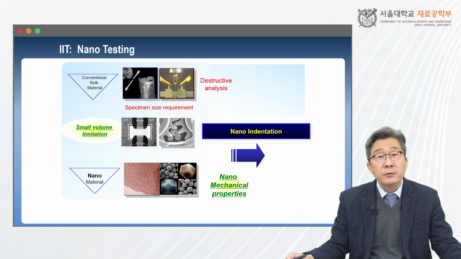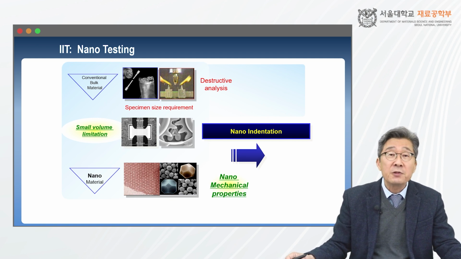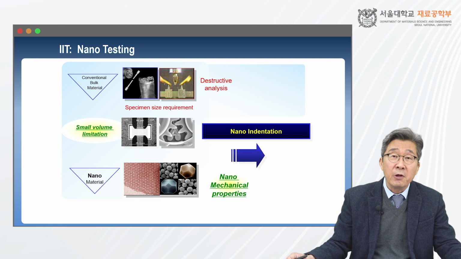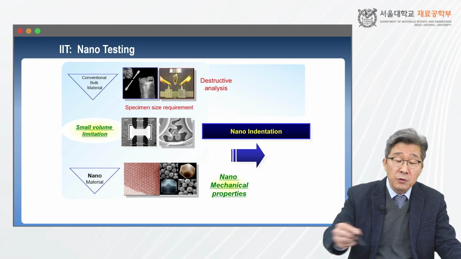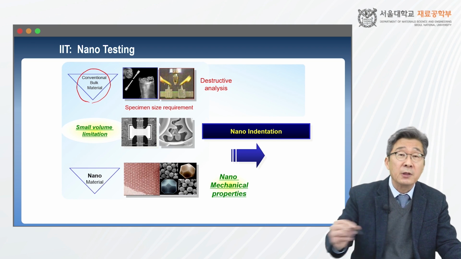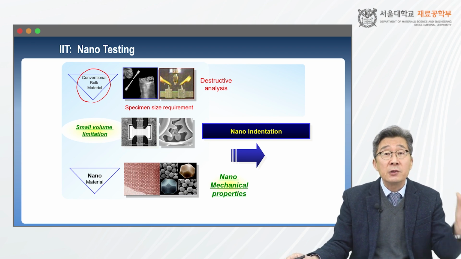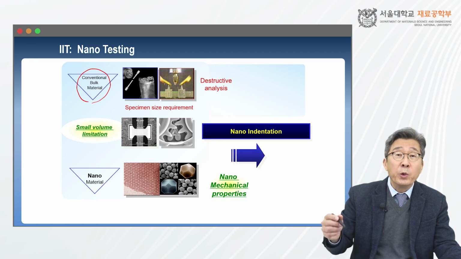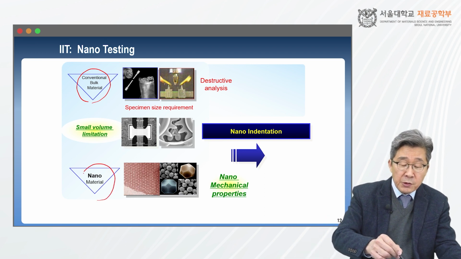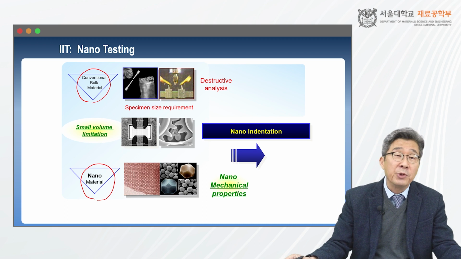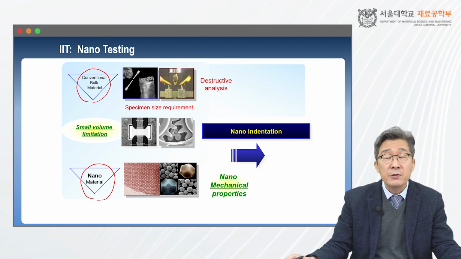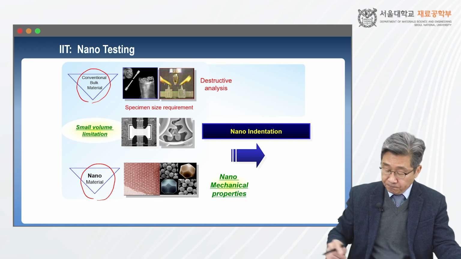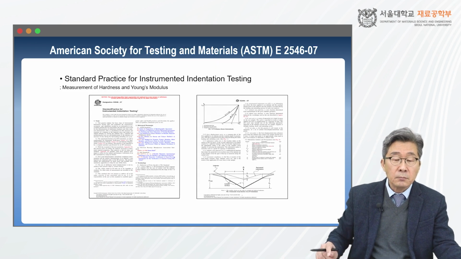As you figure out, in the case of thin film evaluation or small sample testing, we cannot use conventional testing, which requires certain large-scale specimens. So we can use nanoindentation to obtain nanomechanical data in terms of strength, toughness, and residual stress.